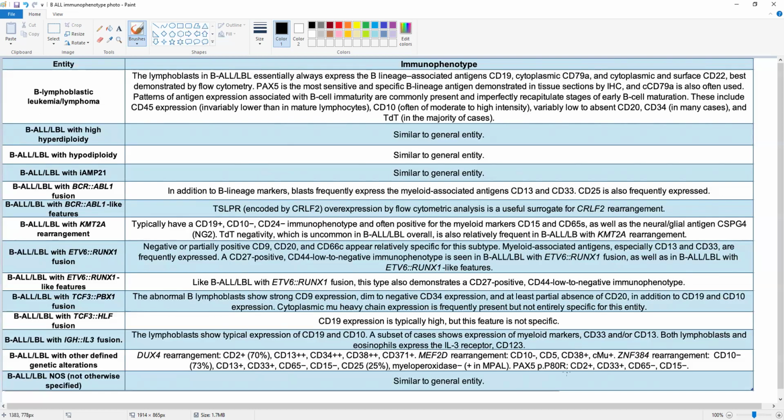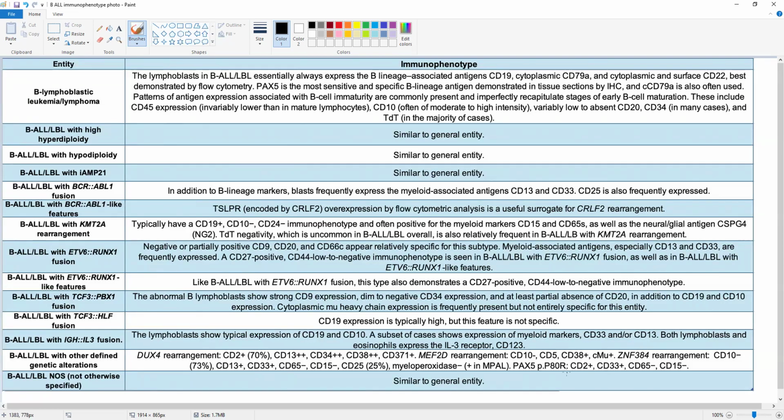And you have to lack expression of markers that are associated with maturity, like CD20, as well as the light chains, kappa and lambda. And here I'm talking about surface light chains. Myeloid markers can be expressed in B-lymphoblastic leukemia lymphoma, like CD13 and CD33. However, remember that MPO should not be positive.